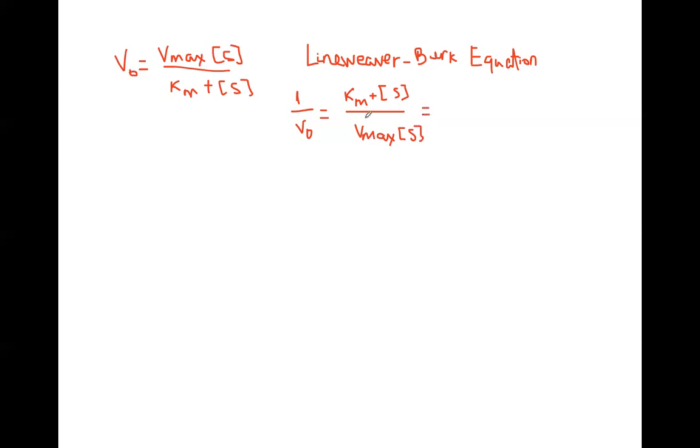So we're going to divide each of the terms in the numerator by the denominator. So this will be Km over Vmax times 1 over substrate concentration, plus 1 over Vmax.